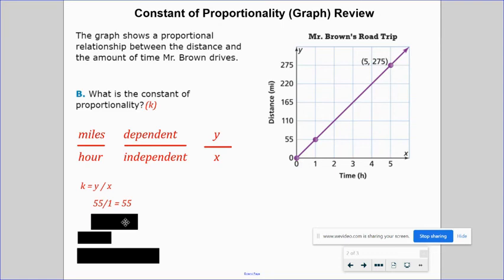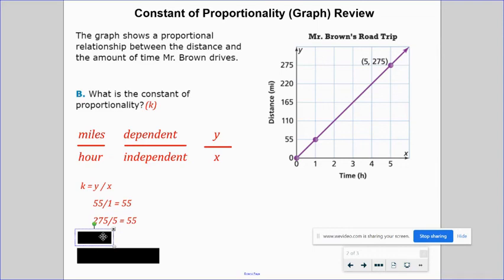When we perform the division, we are going to take the y value, which is 275, and divide it by 5. 275 divided by 5 is equal to 55. And what we see here is a constant of proportionality, or a constant rate of change, of 55.